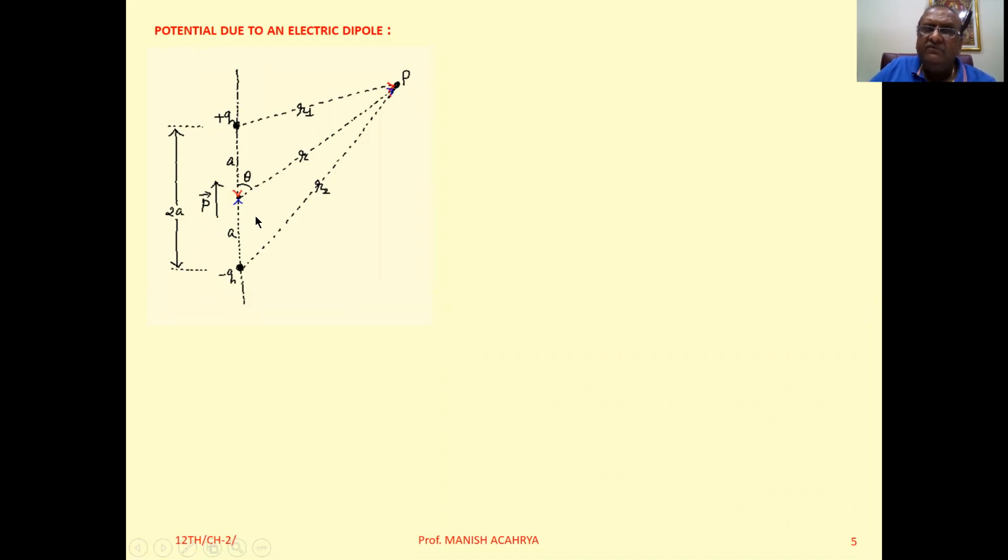Now we want to find the potential of this dipole at point P, which is at distance r from the center of the dipole, and the angle between the dipole moment and the position of the point is theta. At this point P, we want to calculate the potential.